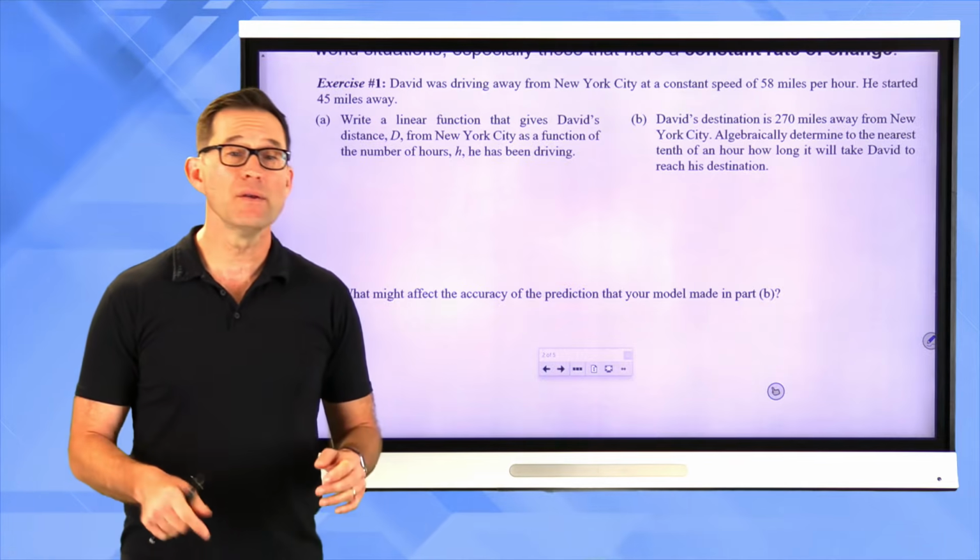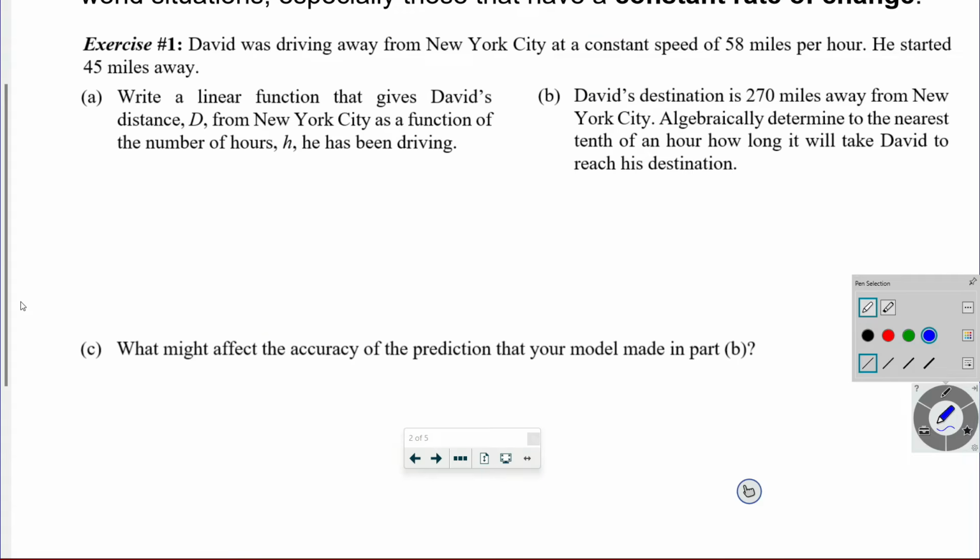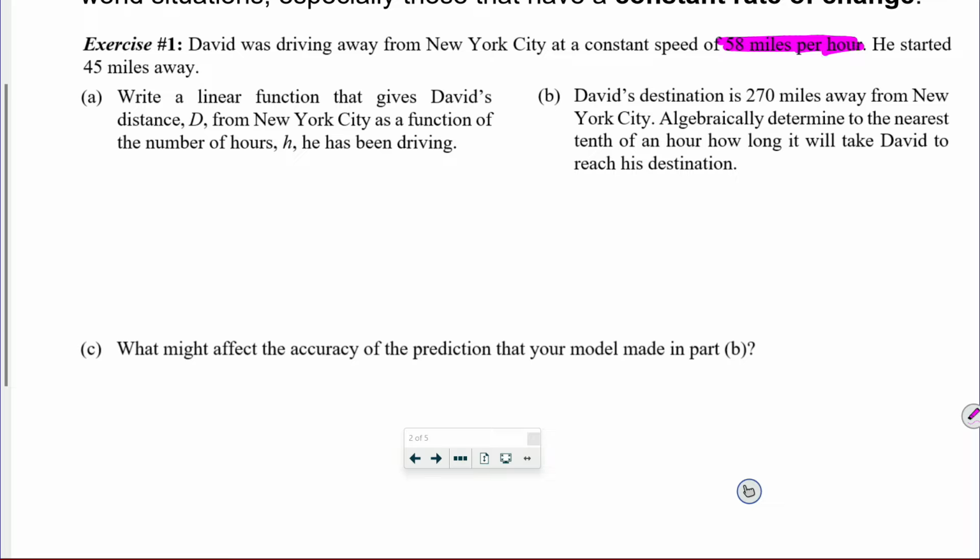All right, well, let me use a highlighter really quickly because to me, this is really important, right? Here we've got this idea that we've got a rate, 58 miles per hour, and that's going to be our slope. A starting value, he started 45 miles away, and that is going to be our y-intercept.